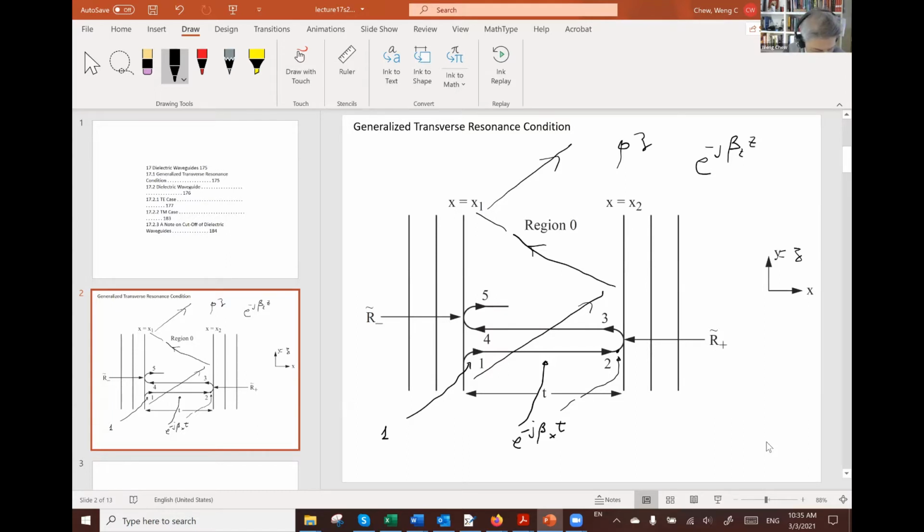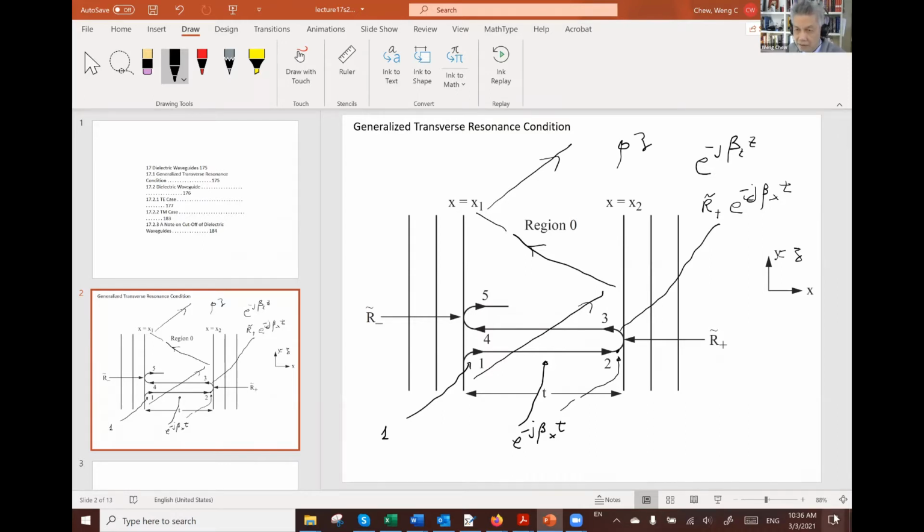And because it suffers the reflection, the wave at this location is R plus tilde e to the minus j beta xt. It's going to have that phase variation plus the multiplication by the reflection coefficient R plus tilde.